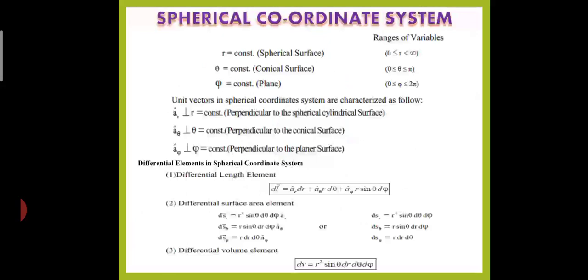Here r is constant, theta is constant and phi is constant. The first, r constant, is a spherical surface, theta constant is a conical surface, and phi constant is a plane.